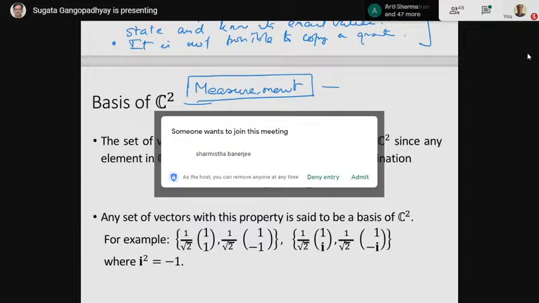So the space is technically C cross C, that is C^2, and I'm given a vector here, which I write as (a, b), and using the ket notation, I could also write it as a ket 0 plus b ket 1, where this portion is (a, 0) and this portion is (0, b). It's not a problem.